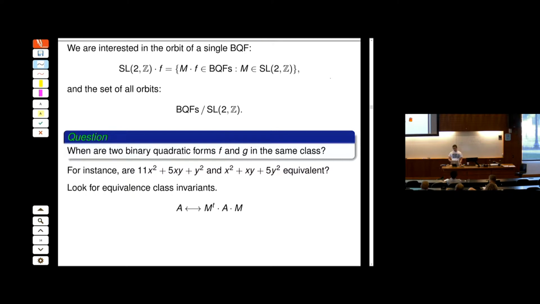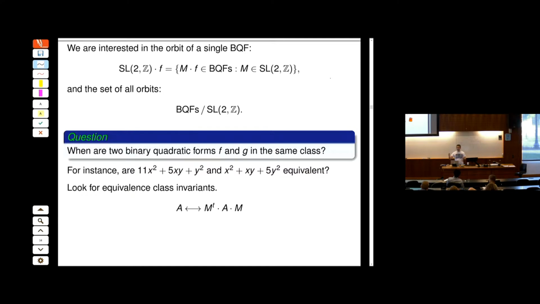Okay, so if we want to find whether these are equivalent, when you have two objects that you want to check whether they're equivalent under some equivalence relation, then you want to look at invariants for those equivalence classes. So here is one such invariant. Since I'm representing forms by a matrix, and when I change it by another matrix, I get some product of matrices.